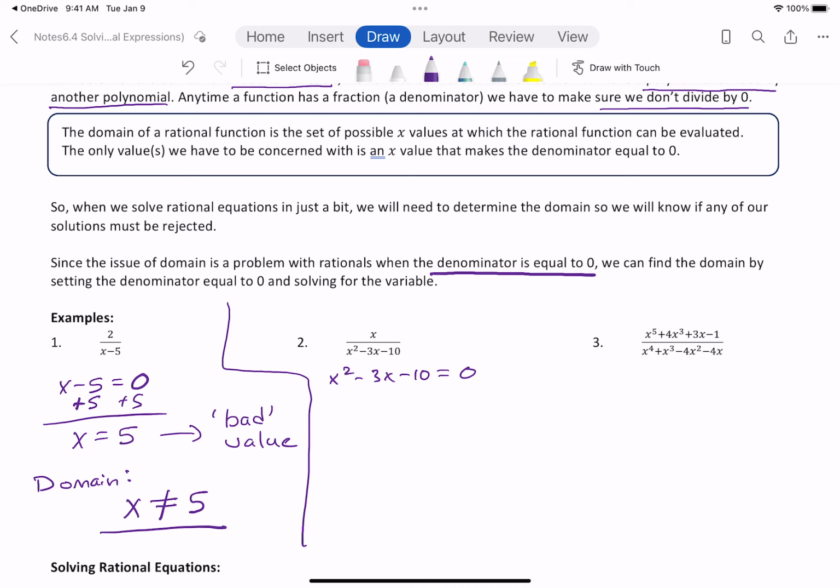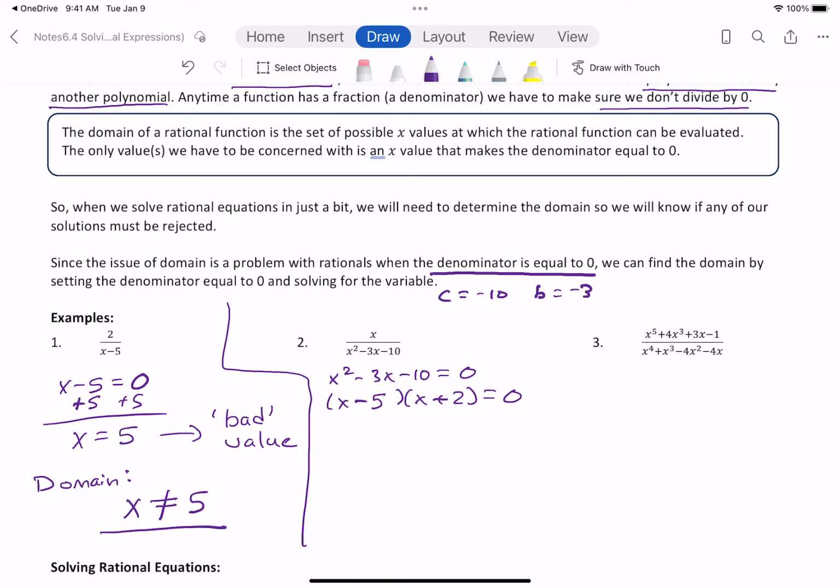So since I have a equal to 1, I know that I need an x in both of my factors. And then my c is negative 10 and my b is negative 3. So I need factors that will multiply to negative 10 and add to negative 3, just like we've been doing all along. So that's going to be minus 5 and plus 2.